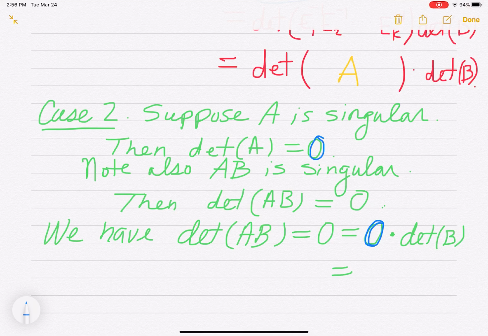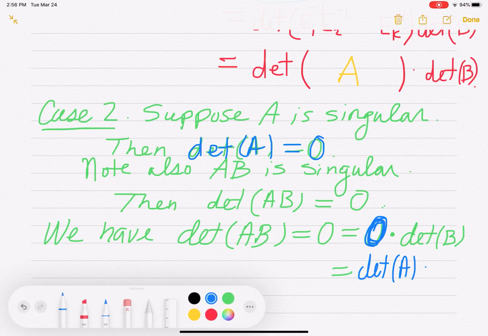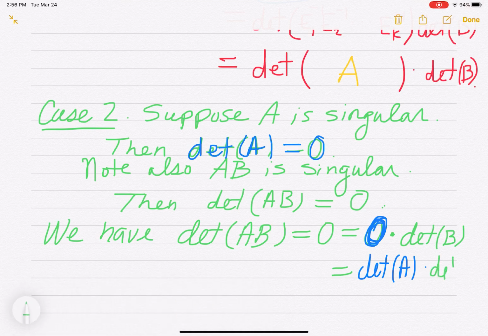Well, 0 is the same thing as the determinant of A in this case. So I can replace this 0 with determinant of A. So I end up with determinant of AB equals determinant of A times determinant of B. So this is the second case proven.